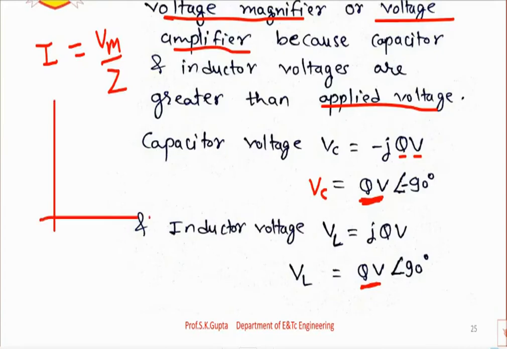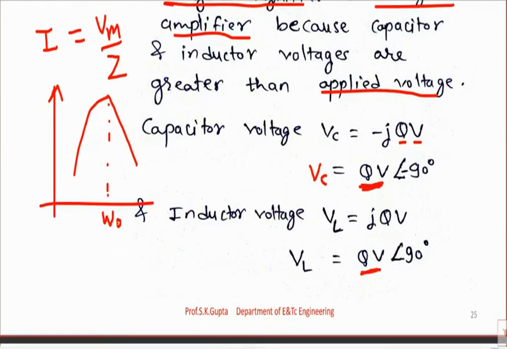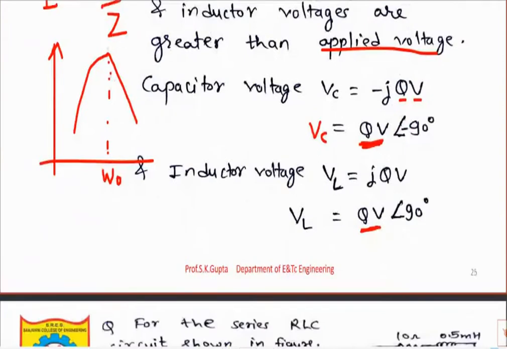And the graph of current versus frequency is like this. So at resonant frequency, the current is maximum, and maximum power is dissipated at resonant frequency.